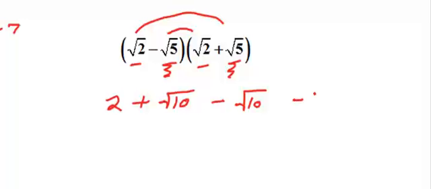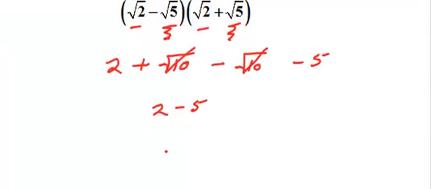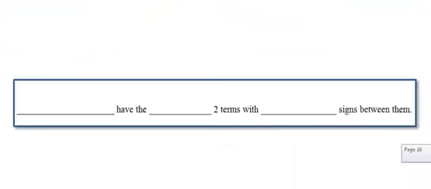Of course, it's negative. Well, look here. The inners and outers add up to 0. And we wind up with 2 minus 5, which is negative 3. In fact, these are called conjugates.